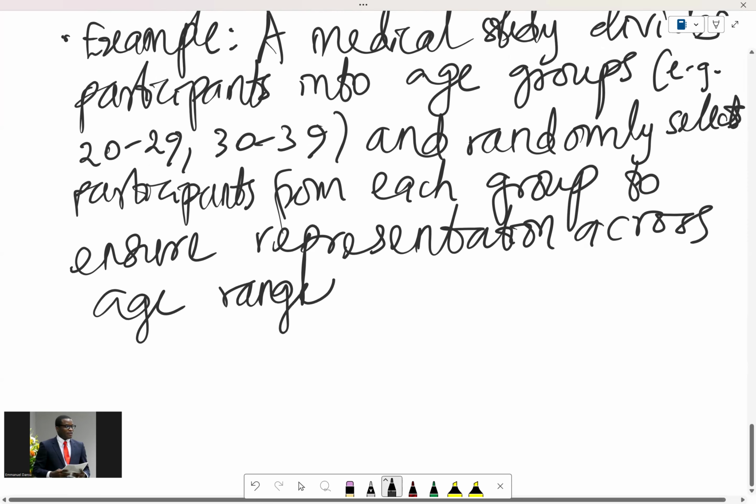Okay, this way you want to be sure that you have representation from different age groups.